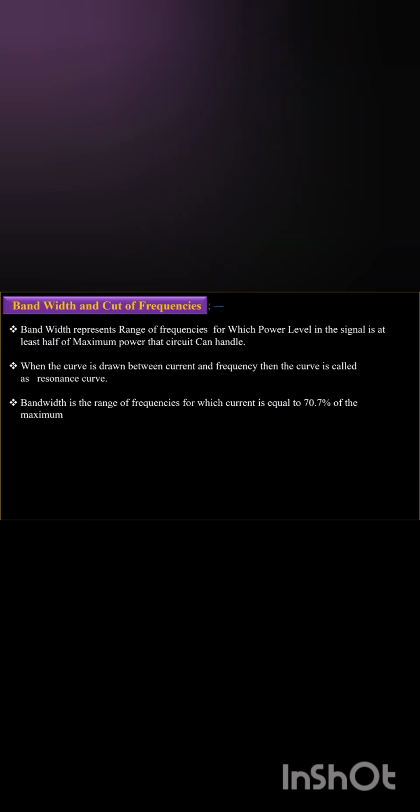Bandwidth represents the range of frequencies for which the power level in the signal is at least half of the maximum power that the circuit can handle. For those frequencies, that range of frequencies is treated as a band.